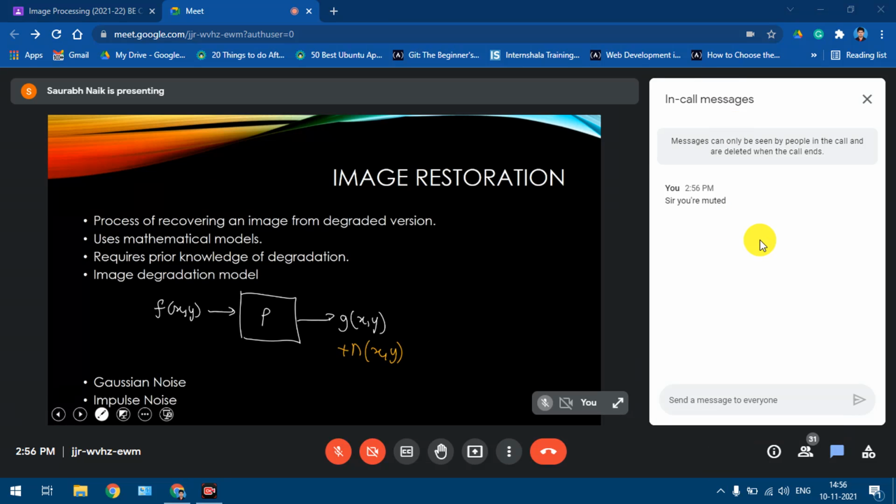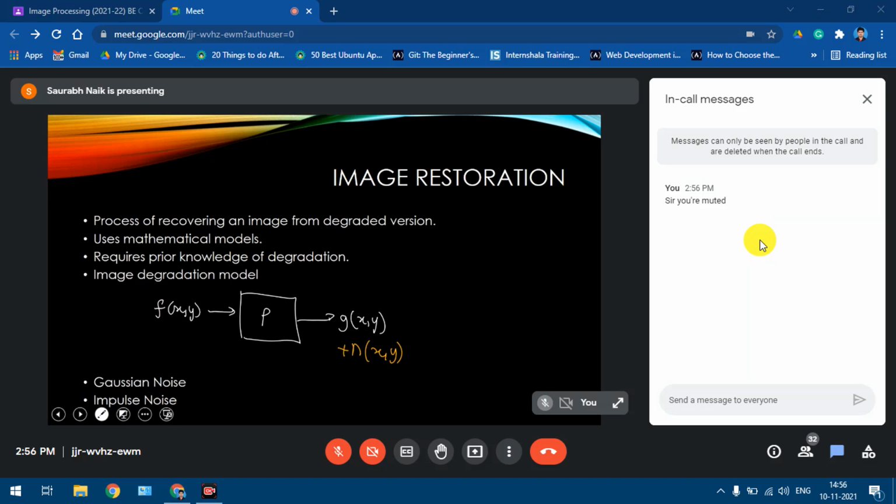Recovering the image from a degraded image, wherein what we have is the output image g of x comma y, and we assume that it has undergone some degradation process p. The original image, the one we expect to get without the degradation, is our original image f of x comma y.